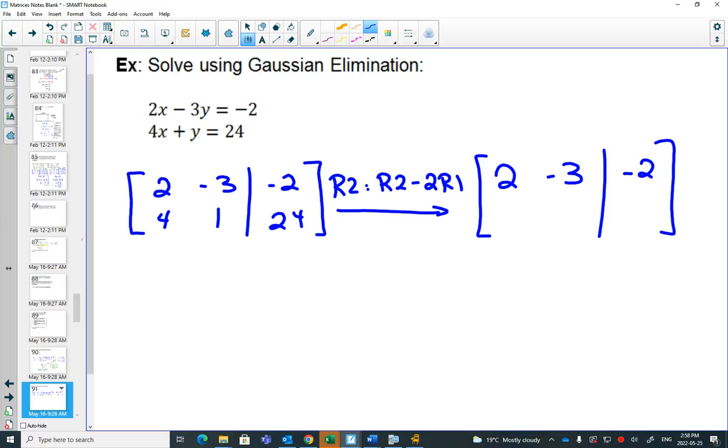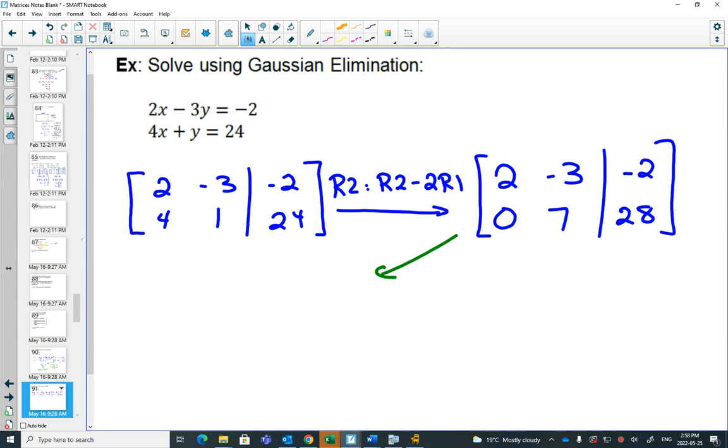So I'm taking row 2, 4 minus 2 row 1s. That'll be 0. 1 minus 2 times negative 3 will be 1 minus a negative 6, 7. Can you see yourself writing negative 5 there? Quite easily done. And now, 24 minus a negative 4 will be 24 plus 4, 28.